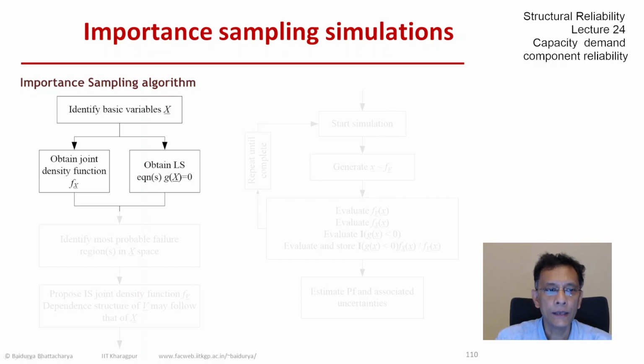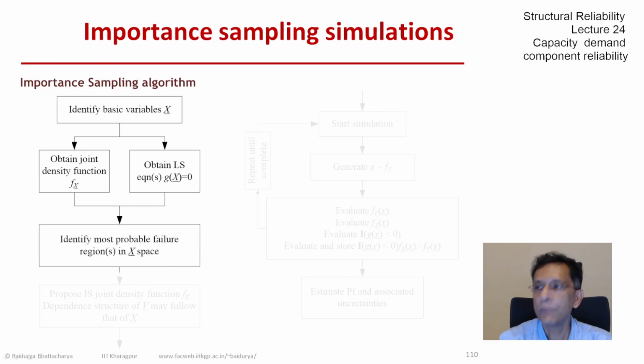So we are able to define the limit state, and then in importance sampling, which was not necessary in basic Monte Carlo simulations, we have to identify or at least get an idea of the most probable failure regions, maybe again in plural, in the basic variable space, because that's where ultimately we want to do most of the simulation.